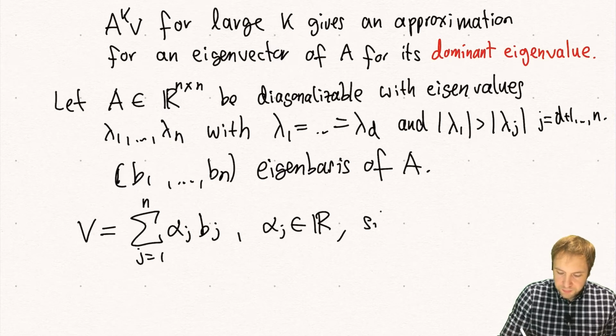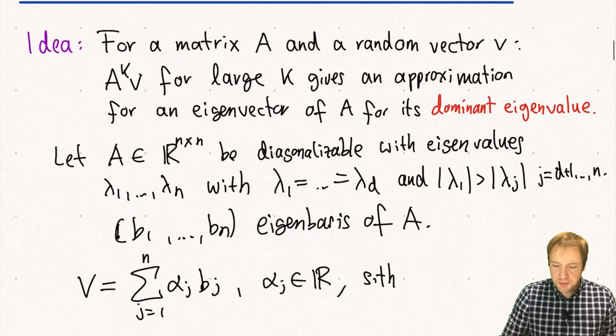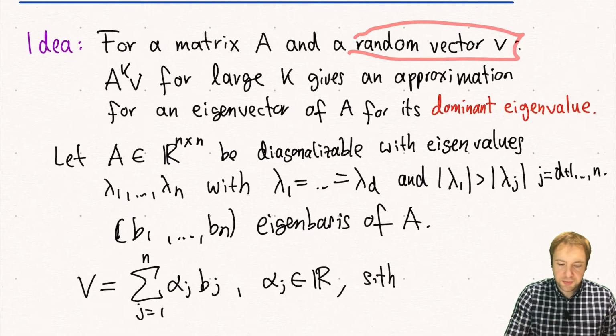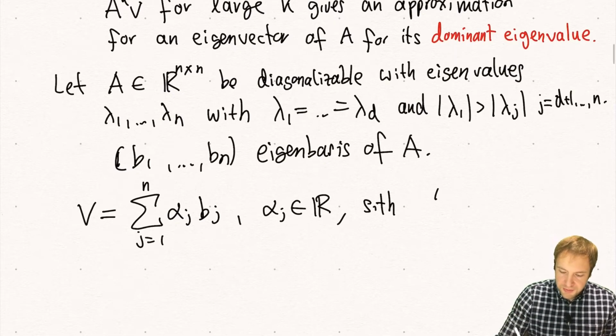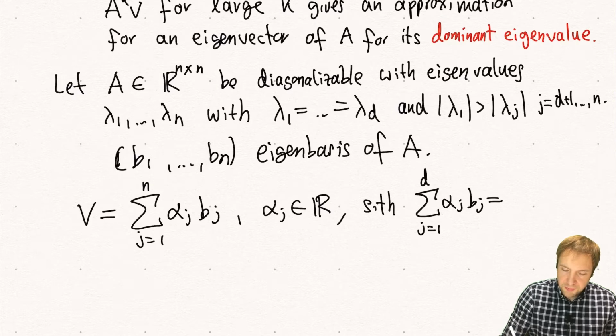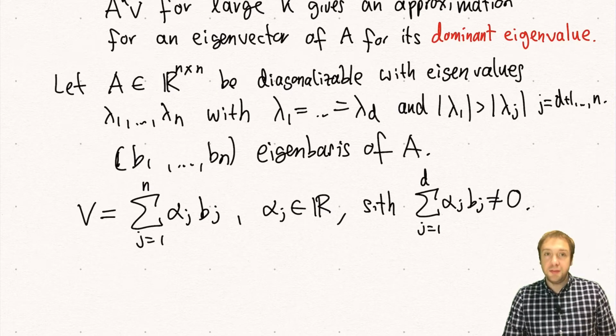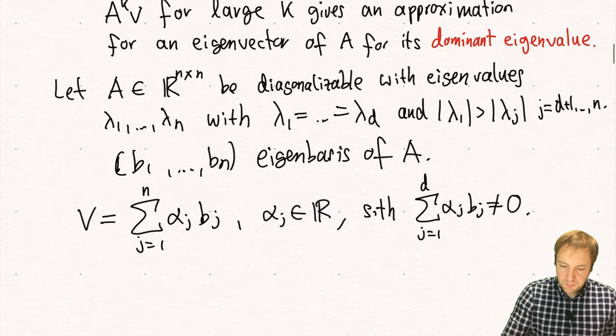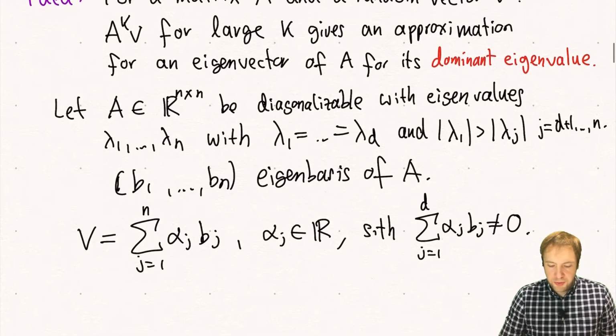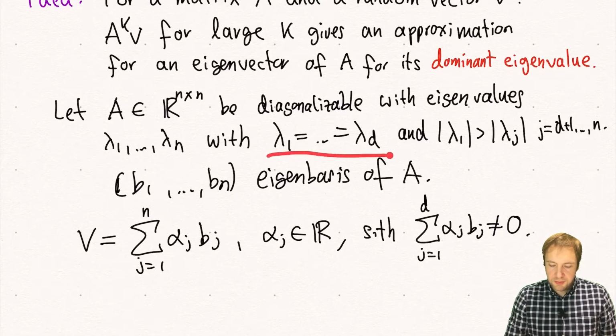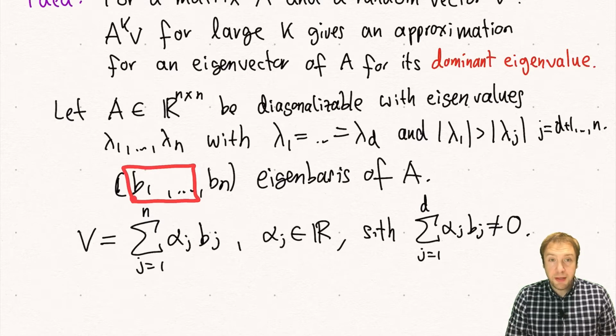And now we assume, as one of the conditions on this so-called random vector, that the first d parts here are not the zero vector. In other words, the first d eigenvalues are the same, and therefore the first d eigenvectors are a basis for the eigenspace of this eigenvalue.